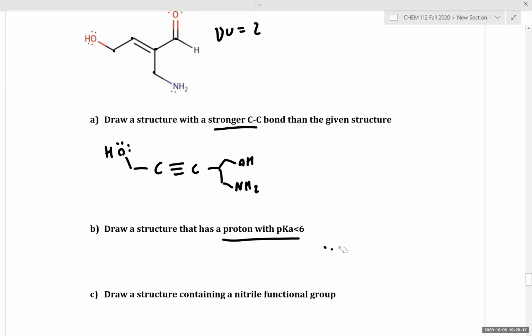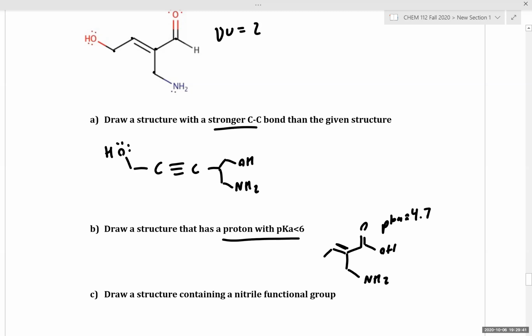Let's just do the simplest case. It's not entirely correct because in solution, there's going to be a proton transfer, but this answer is perfectly acceptable in terms of the logic behind it. So the carboxylic acid proton has a pKa of around 4.7, roughly. So that's more than acceptable.